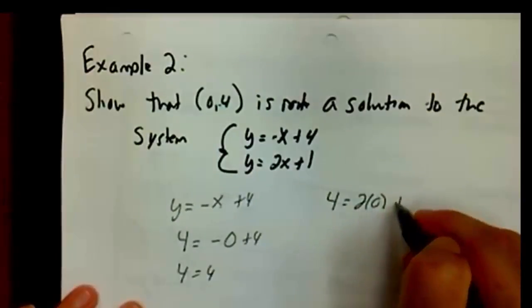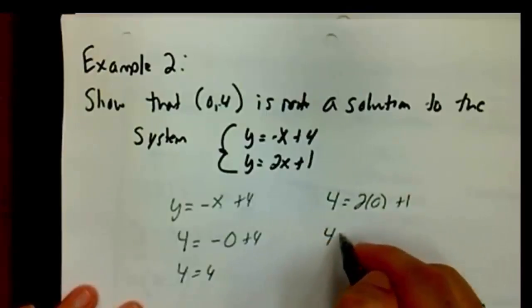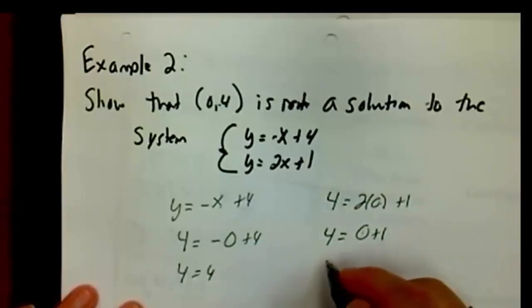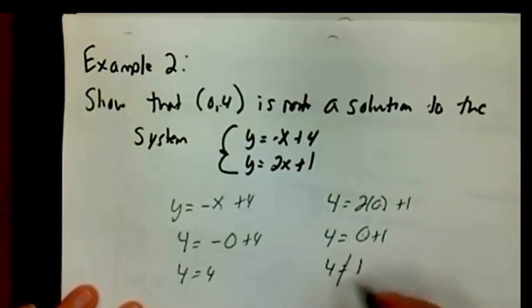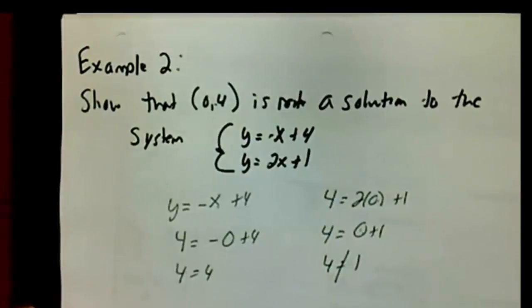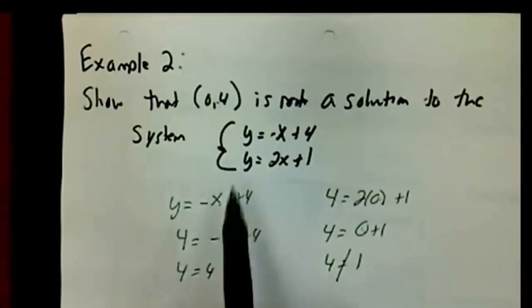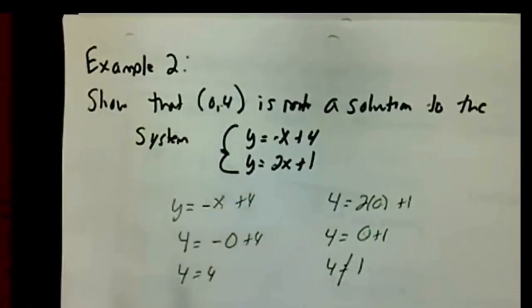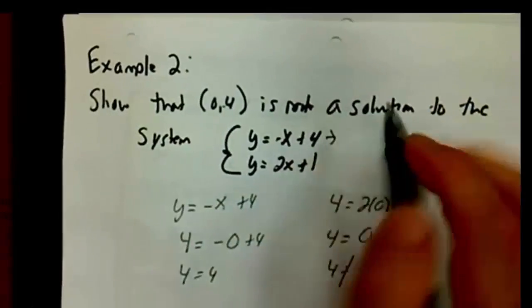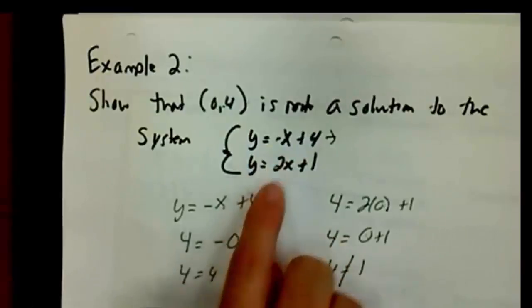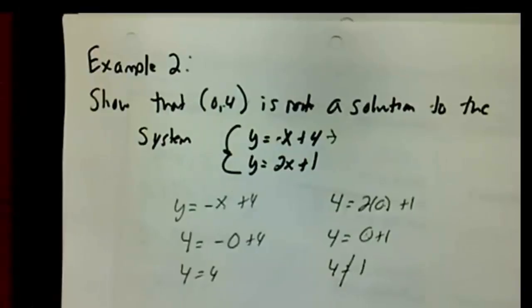2 times 0 plus 1, and here's where everything falls apart. 0 times 2 is 0, plus 1 is 1, and we find out that it does not work there. Basically, what it is showing us is that this point, (0, 4), is on this equation. If I graphed that and looked at it, I would find the point (0, 4) on it.